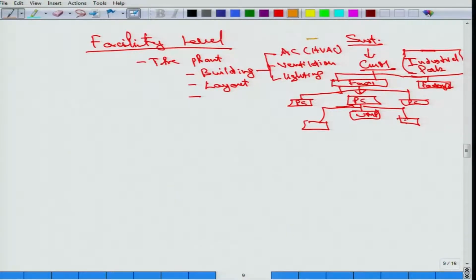All these participants here consume energy.